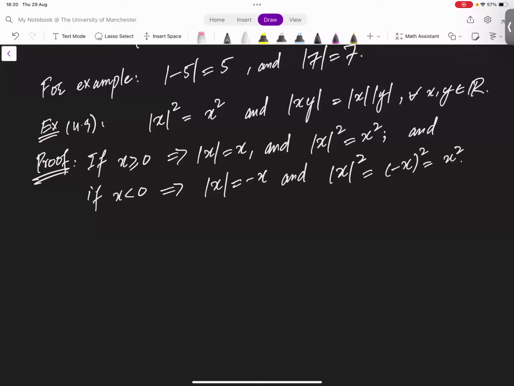So it is cool. The second part is an exercise. You can use this same way to show that.